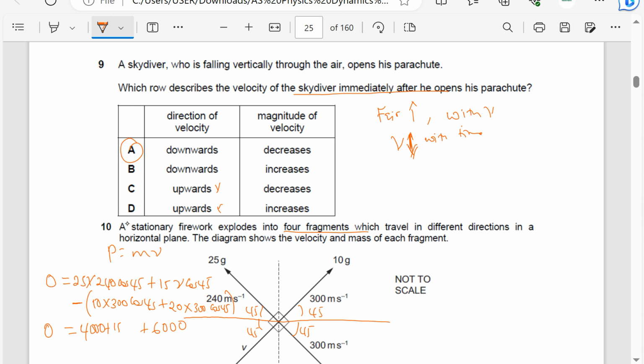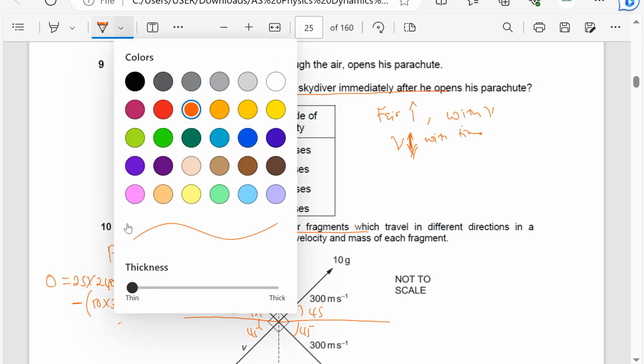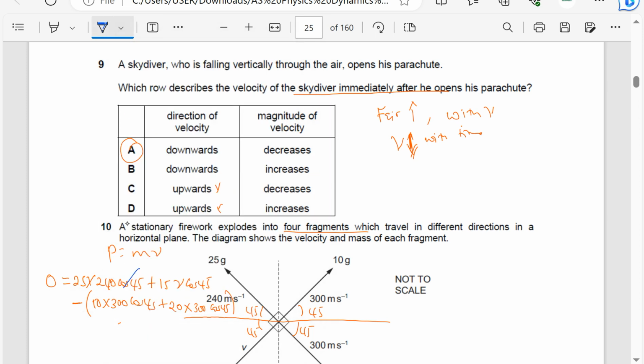Oh yeah, cos 45 is cancelling out. Why am I wasting my time? Cos 45 is cancelling out because it's everywhere. Yes, cos 45 has cancelled out because of the equal signs, it is everywhere. So that makes it very easy.